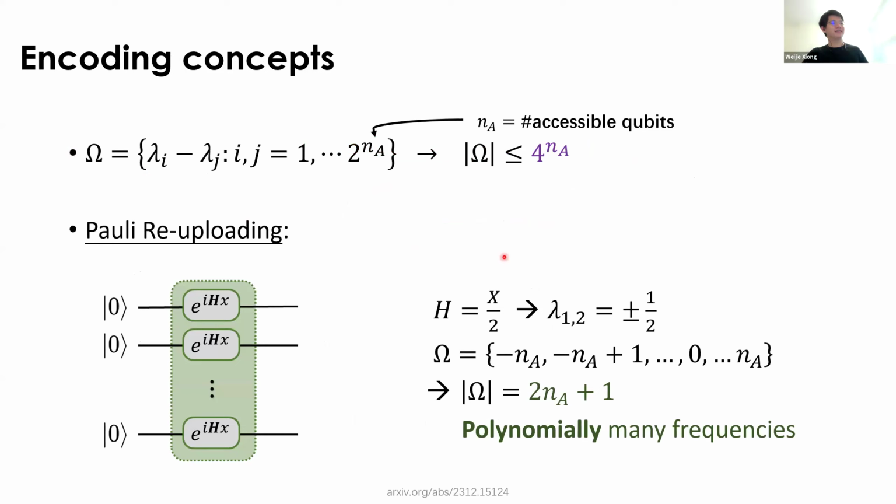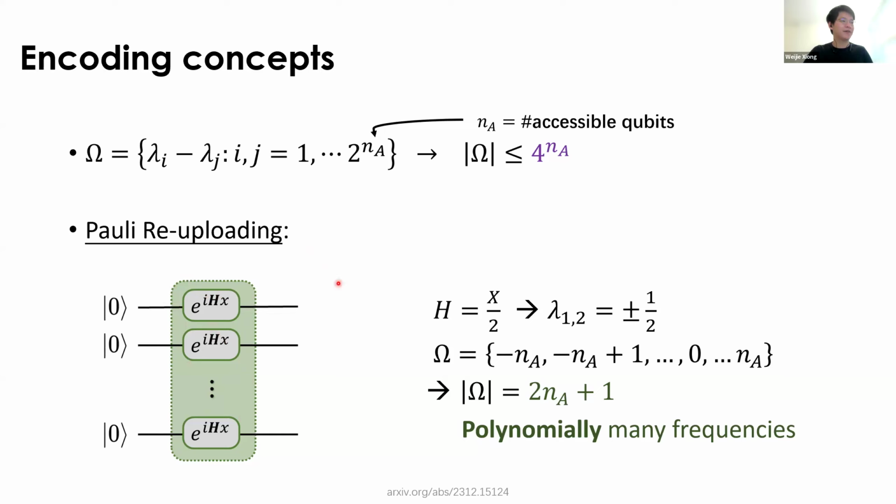And here we discuss some common encodings. The first type is Pauli reuploading. Basically, we consider this type as a general class of data uploading. We assume that the encoding unitary is separable. It's a tensor product of single qubit rotation gates.